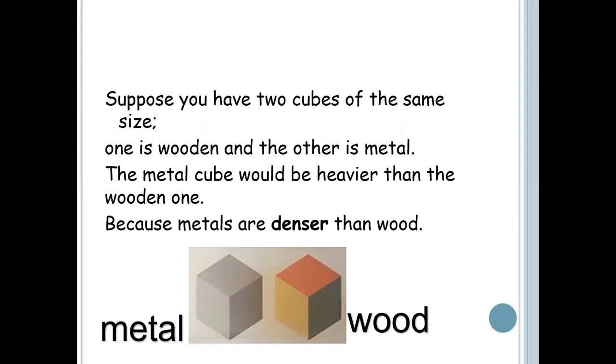Remember, they have the same size. Great job. The metal cube is heavier than the wooden cube because metal is denser than wood.